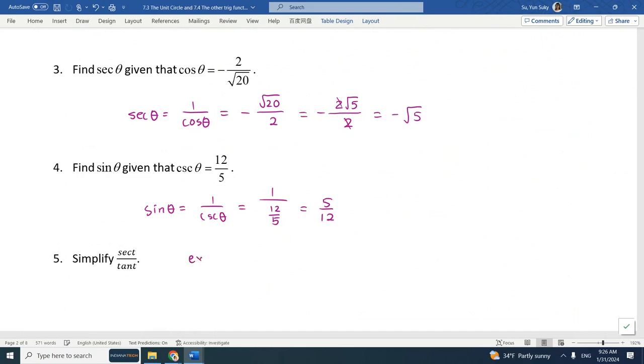So the idea is to express in terms of sine and cosine. Oh, so here is using t, then we use t. Okay, so how do we express in terms of sine and cosine? What is tangent in terms of sine and cosine? Sine over cosine. What's cotangent in terms of sine and cosine?